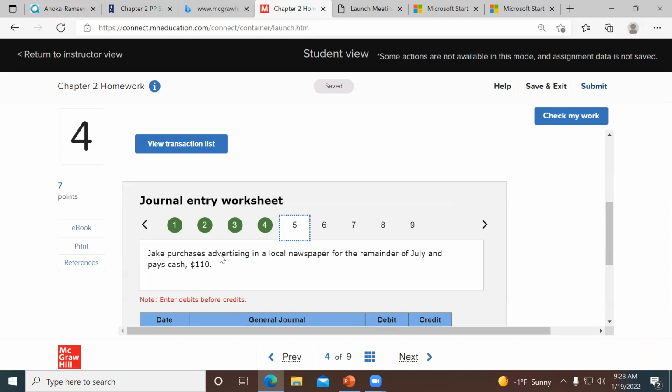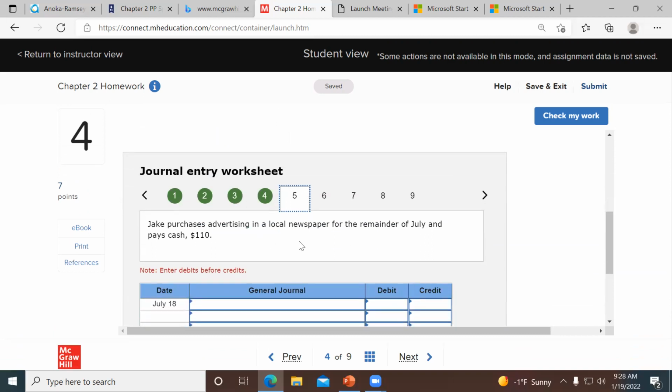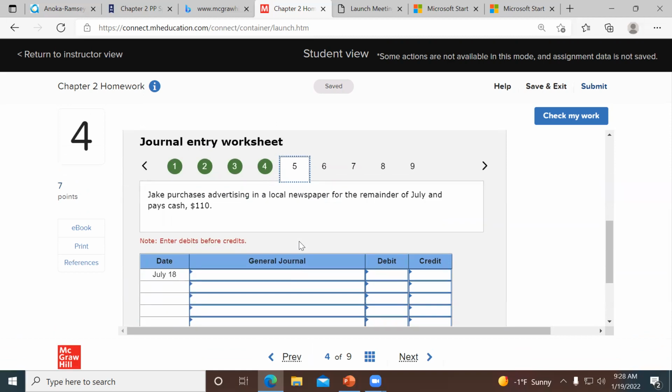Next, Jake purchases advertising in a local newspaper for the remainder of July and pays cash of $110. What are we going to do there? Advertising expense, excellent. And what do we use to pay it?